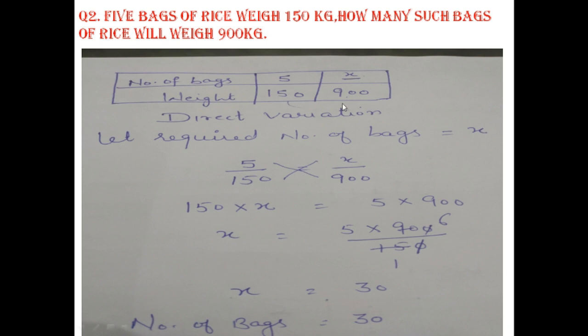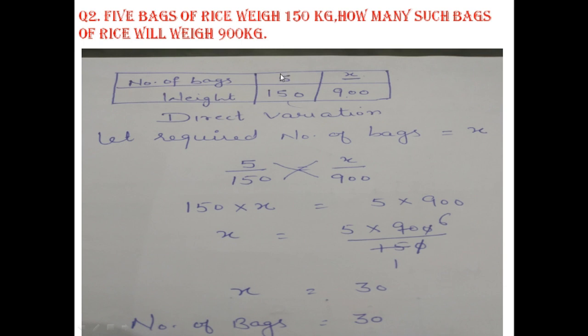I have drawn the table because I have two main quantities. One quantity is number of bags, and the other is weight. So I have written here number of bags, here I have written weight.